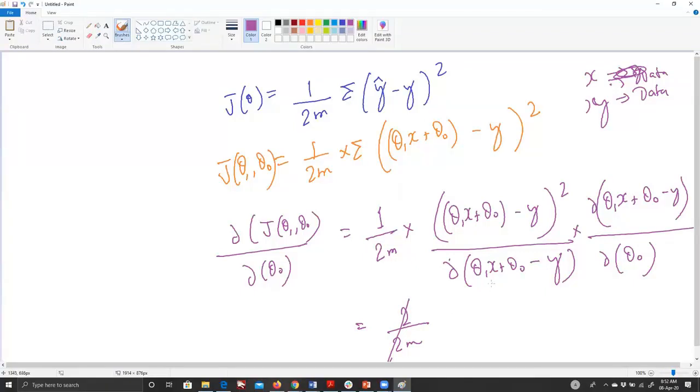Now you have the equation. Because this equation is in terms of theta naught anyway, the final one will come as 1 by m, and again y hat minus y. There is a summation sign, of course. I have just reconsidered it back, if you are taking it in terms of theta naught.